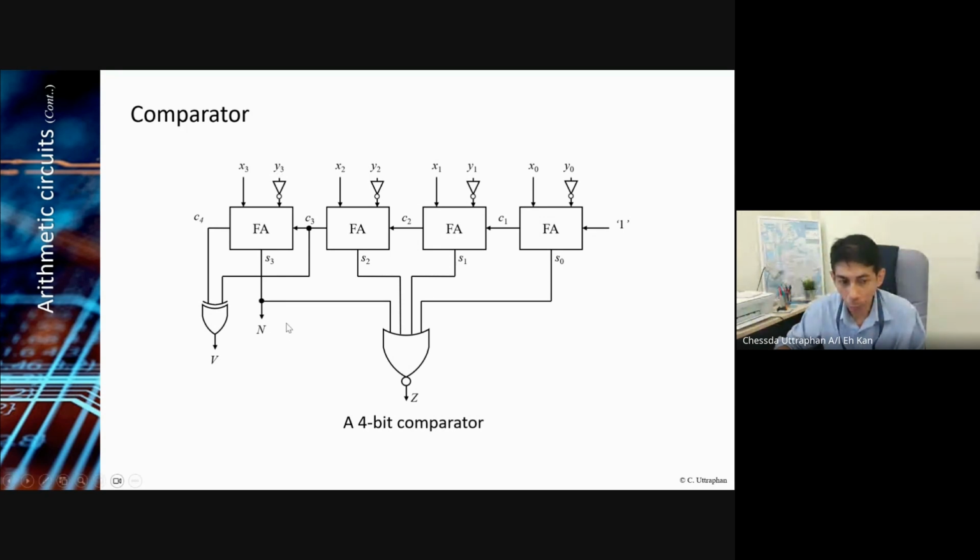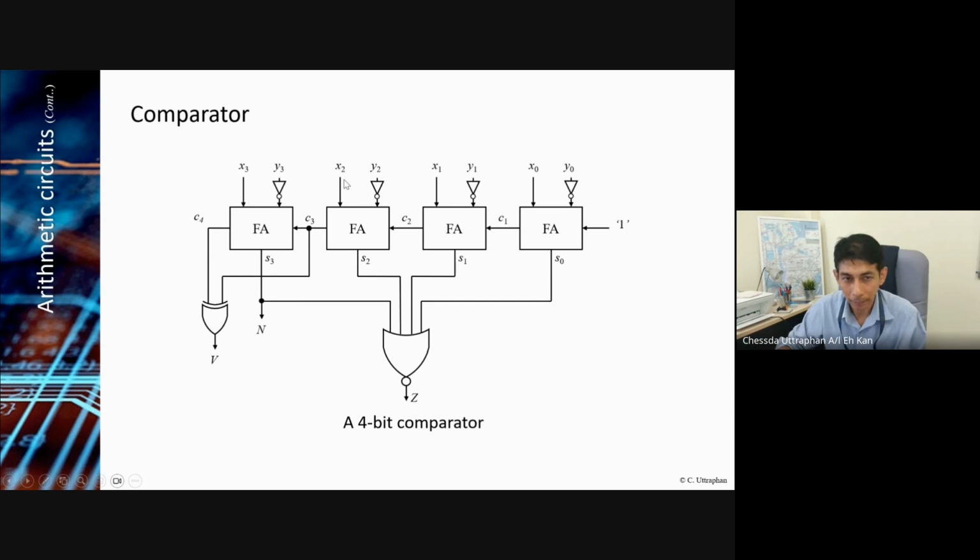And if n equals 1, the result is negative. When the result is negative, x is less than y. That's it. So this is called a comparator, to compare whether x is equal to y, or x is less than y, or x is greater than y.